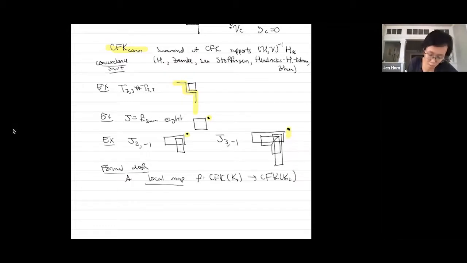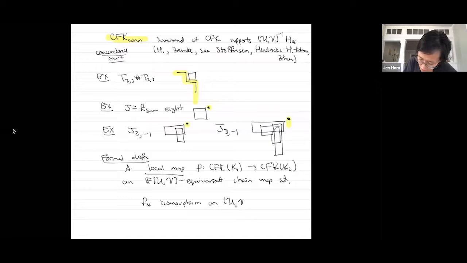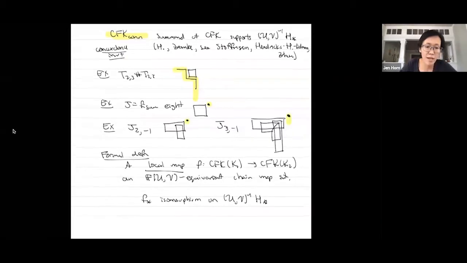So what is a local map? Well, it should be an F[U,V]-equivariant chain map such that it induces an isomorphism on this localized homology.